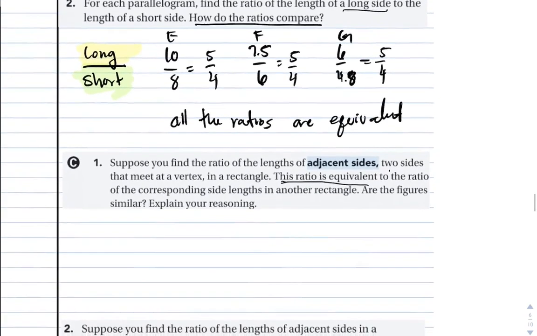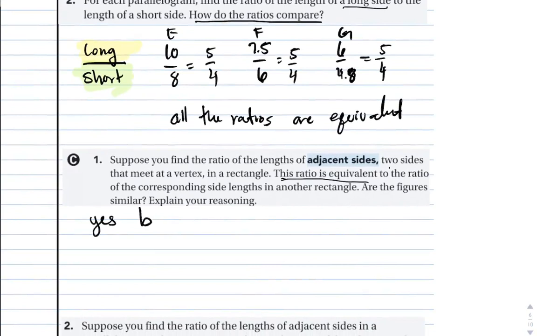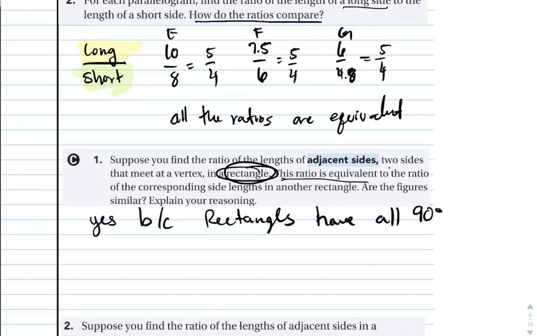So for this one, yes, because rectangles, and this is important, rectangles, and they use this word here, rectangles, have all 90-degree angles. Because the side lengths are going to be proportional from short to long or long to short, they should all be similar to each other.